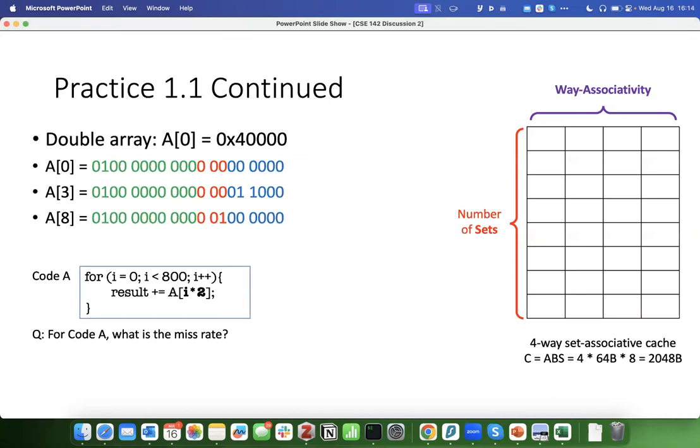The question is, what is the miss rate for this code? Anyone want to throw in a guess? 50%? Okay. Do we have any other competitors? Anyone has the same or different answer?